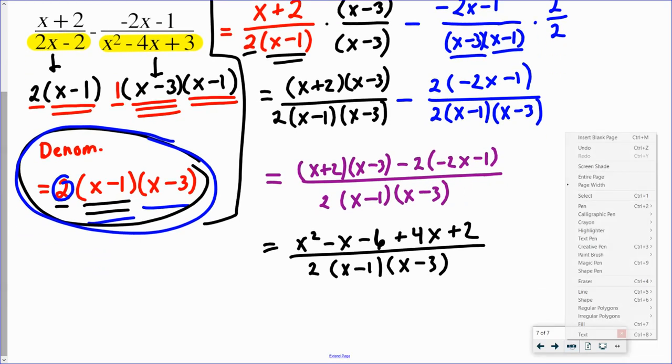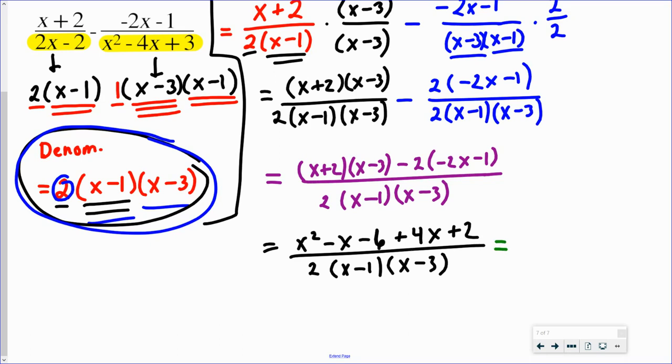So we're going to continue to clean up that numerator a little bit. We're going to combine some like terms. So x squared is all by itself. Negative x plus 4x is plus 3x. Negative 6 plus 2 is negative 4. And again, that's all over our common denominator that we found a minute ago.